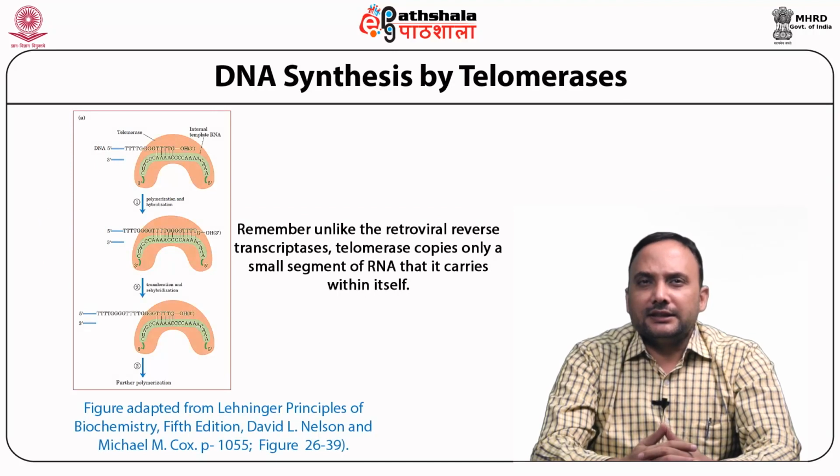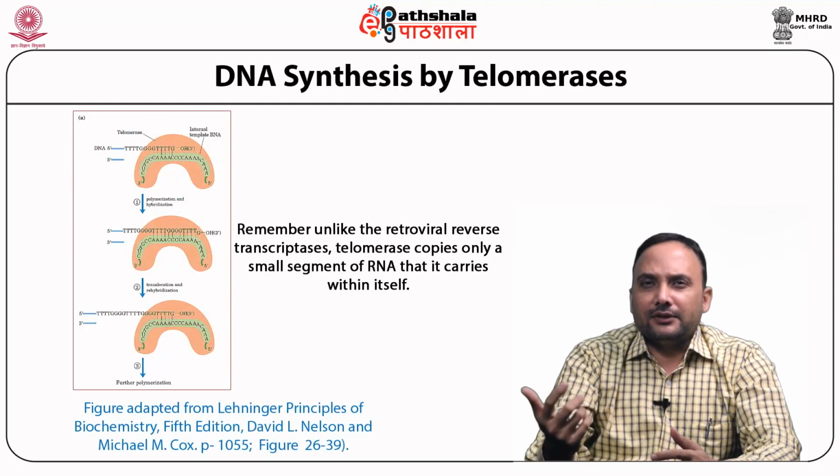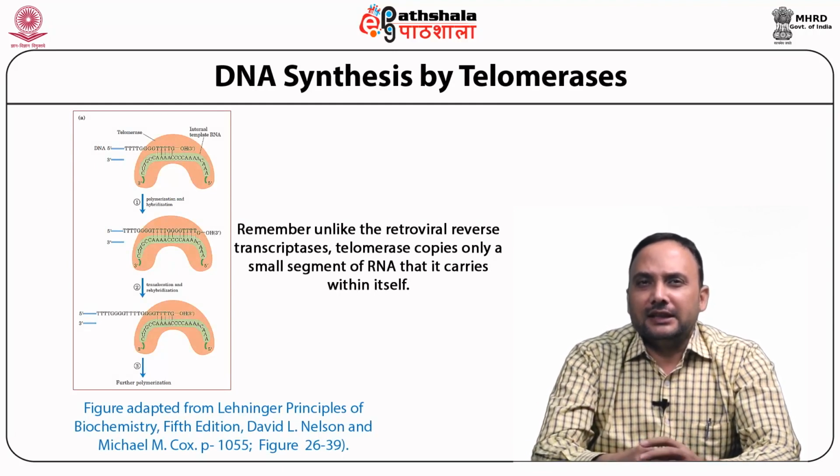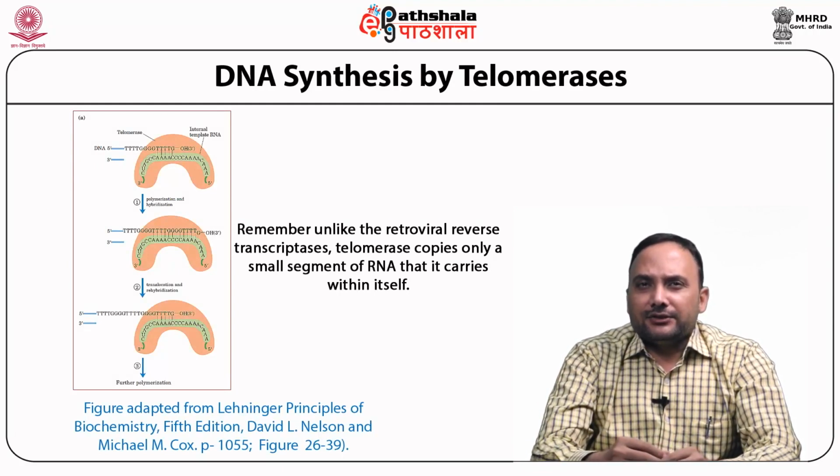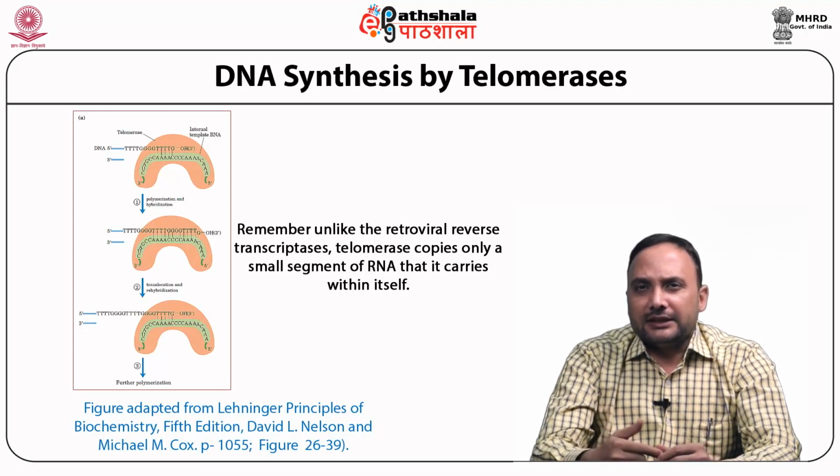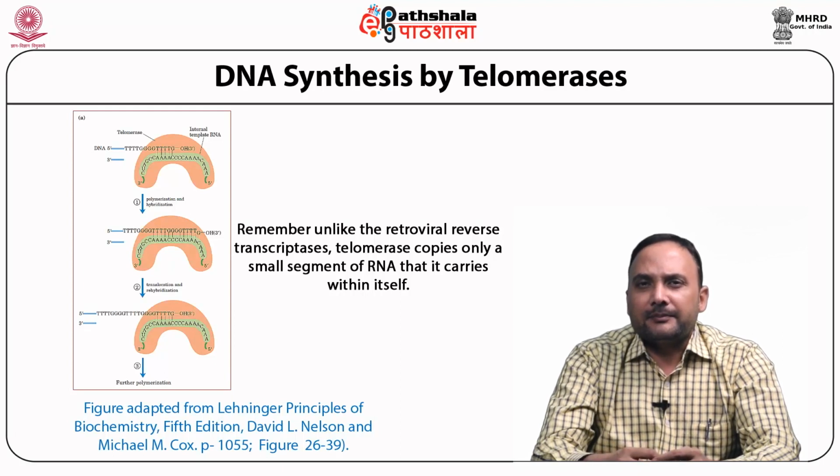Dear students, the figure on your right hand side is a visual depiction of DNA synthesis by telomerase at the terminus of a linear DNA molecule in eukaryotes. The telomerase uses an internal RNA template, shown in green background in the figure, to synthesize or add complementary sequences in 5' to 3' direction to the existing DNA end, as indicated in step 1 of the figure.